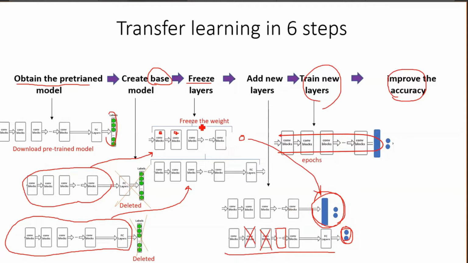If you freeze all your blocks here, the training will be very quick, because it's just training this one only, the output layer. If you unfreeze all, and you put another new layer, the training will be just like the original one from scratch.